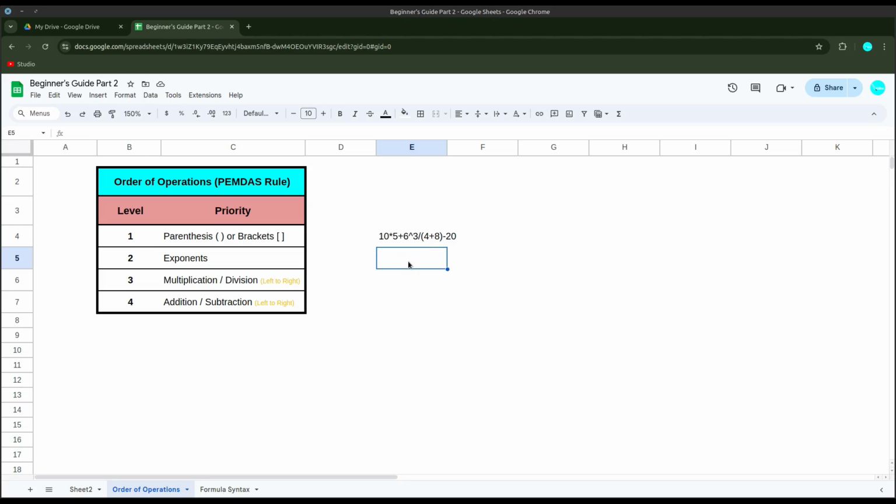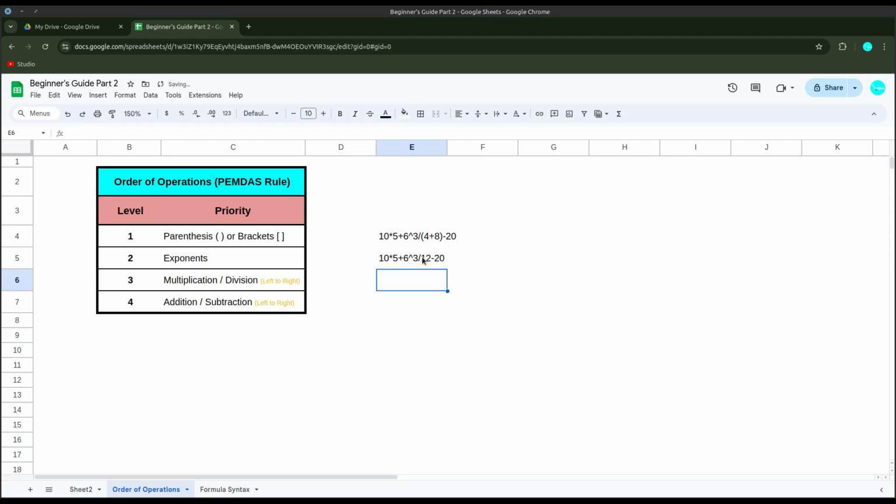So let me write one line down. 10 times 5 plus 6 to the power 3 divided by, inside the parentheses, 4 plus 8 is 12. When we have finished the calculation inside the parentheses, we can drop them, and minus 20.